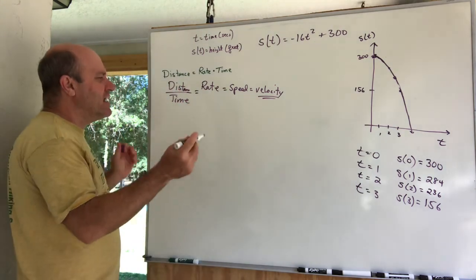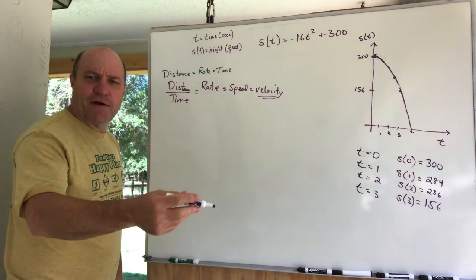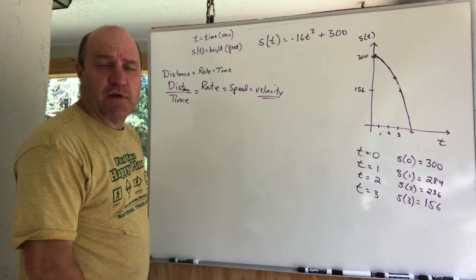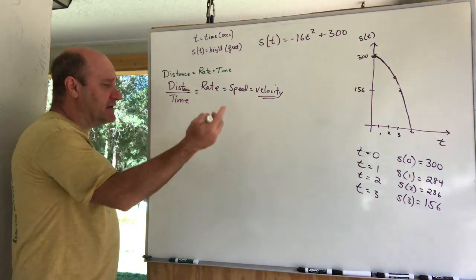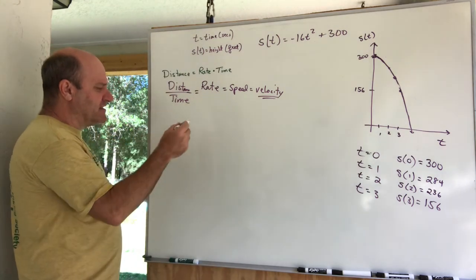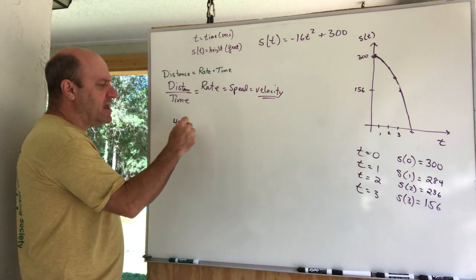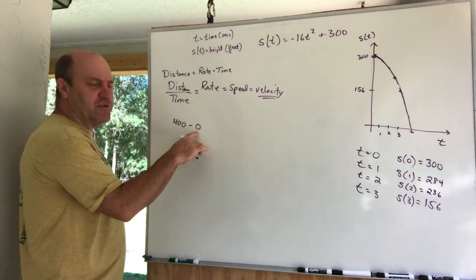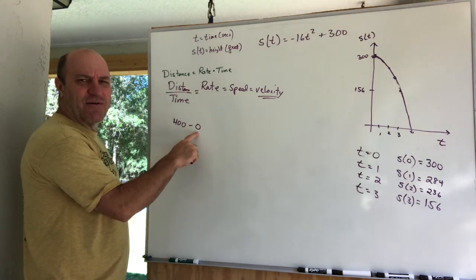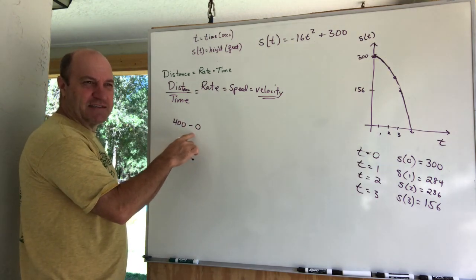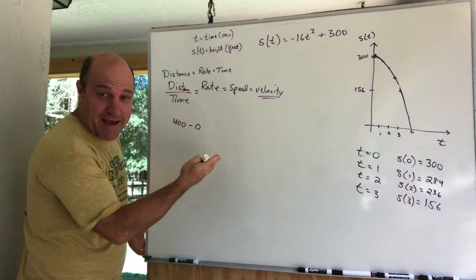Watch, here's what I mean. Let's pretend I drove 400 miles and it took me 10 hours. Let's find my rate. Well, I drove 400 miles, and technically that's my destination minus my starting point, which was 0 miles. So I'm subtracting a couple of distances, but that's my 400 miles.